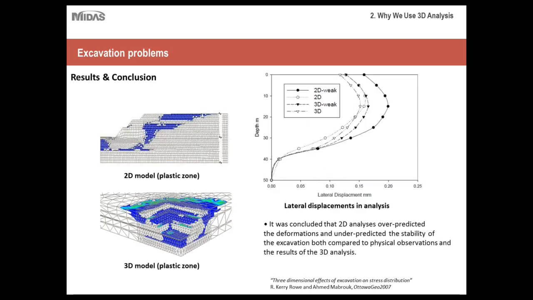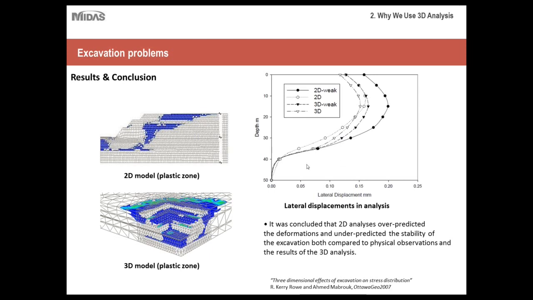And here are the results of an experiment where a 2D and a 3D model were created for the same excavation project. If you look at the chart here, we have the results charted against each other. This graph using circles represents the 2D analysis, whereas the lines with the triangles represent the 3D analysis.